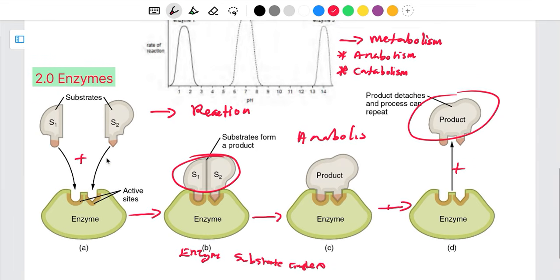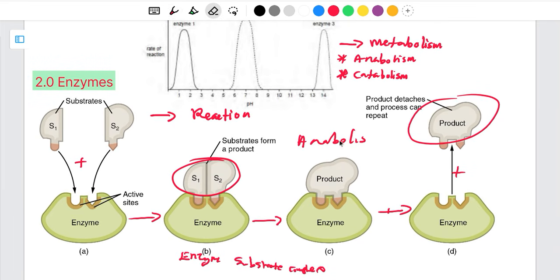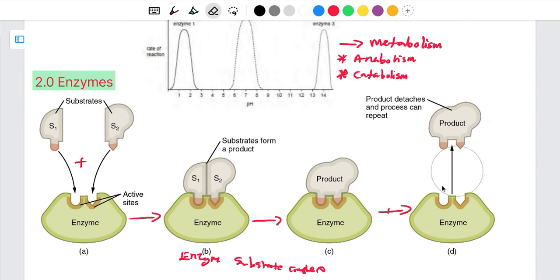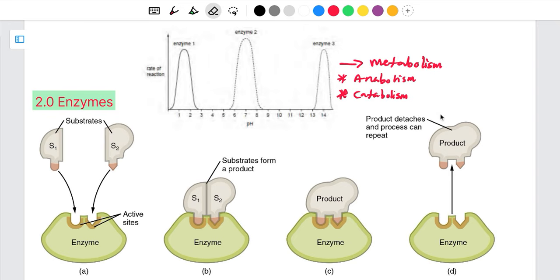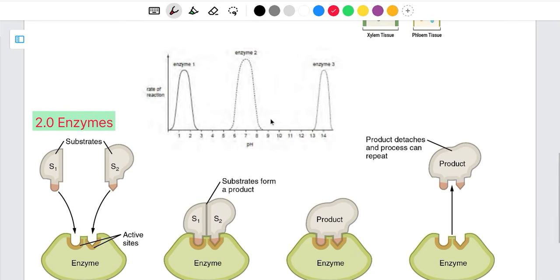Apart from that one, know the industrial application of enzymes. It's very, very important, like the use of enzymes in brewing, the use of enzymes in leather tanning, as well as the use of enzymes in different aspects. And then also have this part here: one of the factors that affect the rate of enzymes is pH. So we have different enzymes, enzyme 1, enzyme 2, enzyme 3.